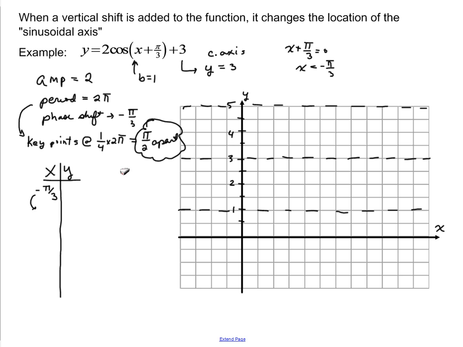Pi over 2 and pi over 3. If we wanted to add negative pi over 3 plus pi over 2, we'd have to get a common denominator. It looks like that common denominator is 6. So I've got negative 2 pi over 6 right here added to 3 pi over 6. And that just gives us 1 pi over 6.